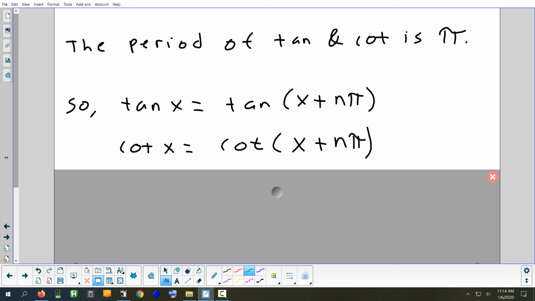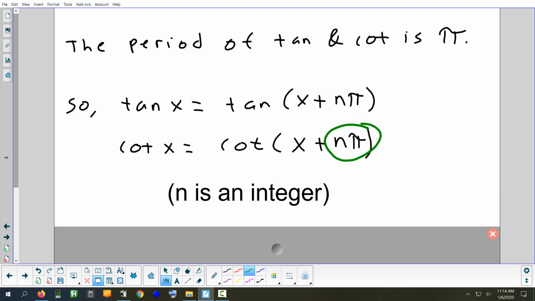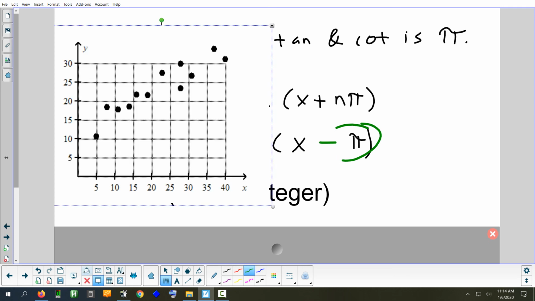So same idea as sine and cosine, except instead of 2 pi, it's just pi. And if you think, well, you didn't say add or subtract here, this right here means add or subtract because n is an integer. If n is -1, then you basically have this, minus pi.